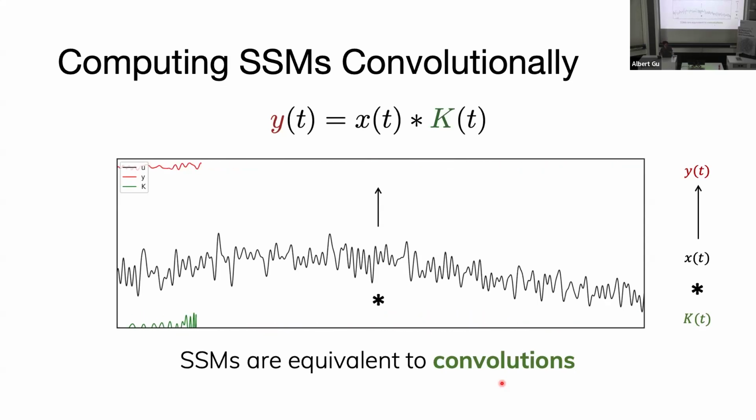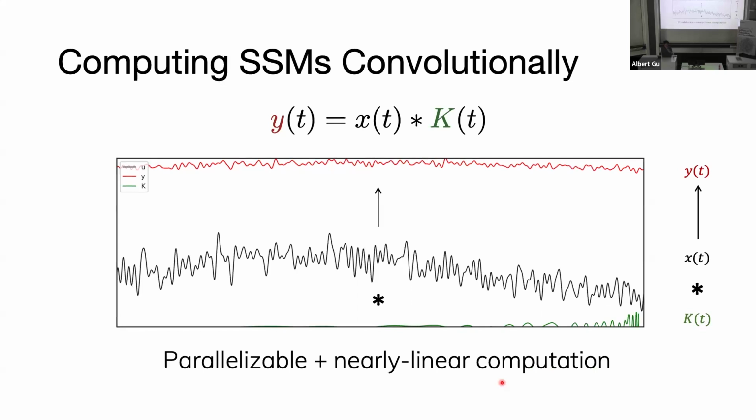Now, the other reason why this is important is that I defined these convolutions as taking this kernel and sliding it along every position. But if you think about it, that would be way too slow, because it would scale quadratically. But it turns out that you can still compute this entire function in nearly linear time using well-known techniques from signal processing.